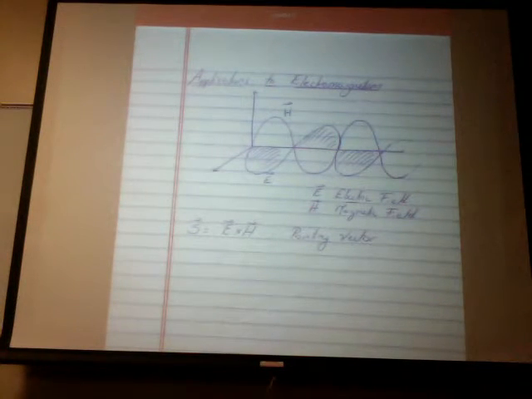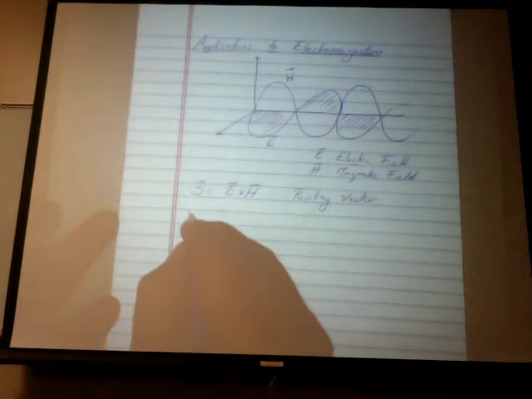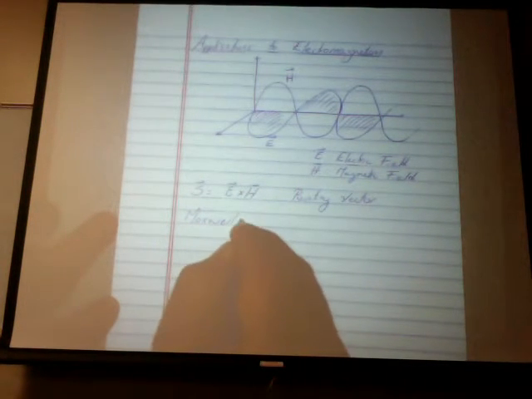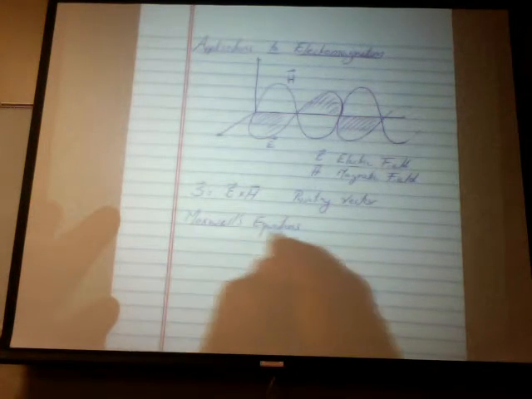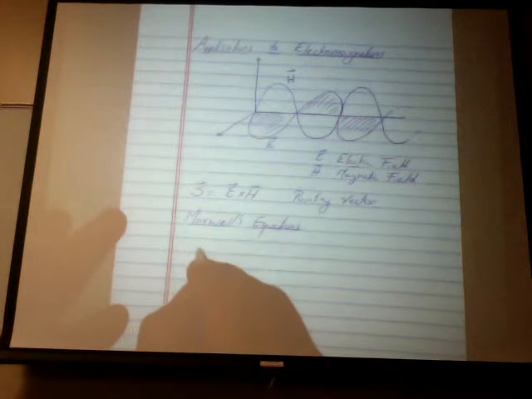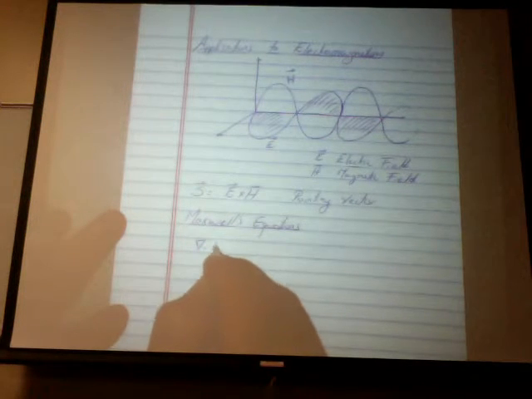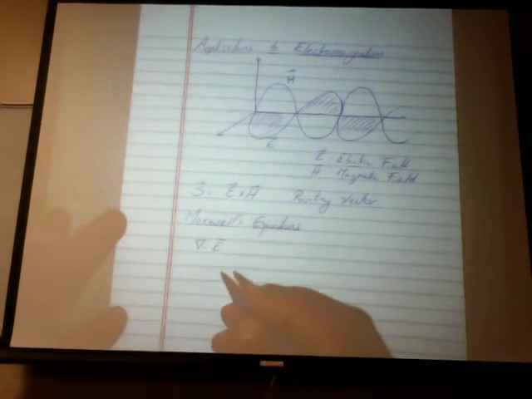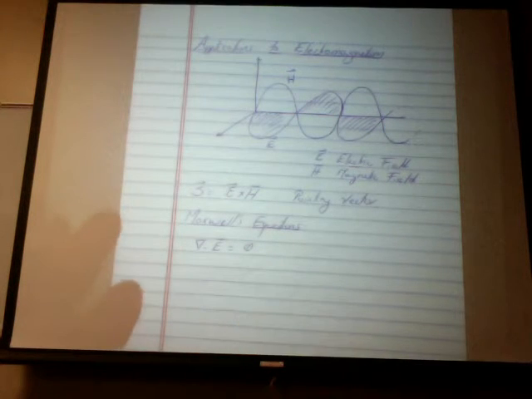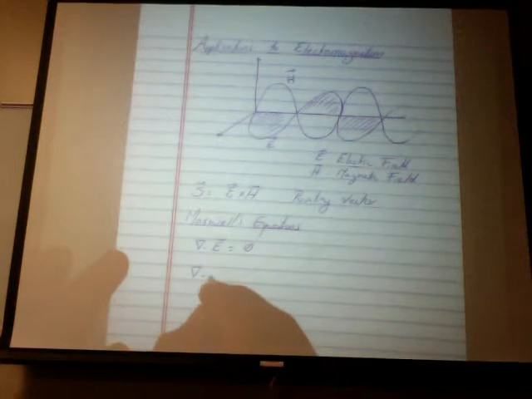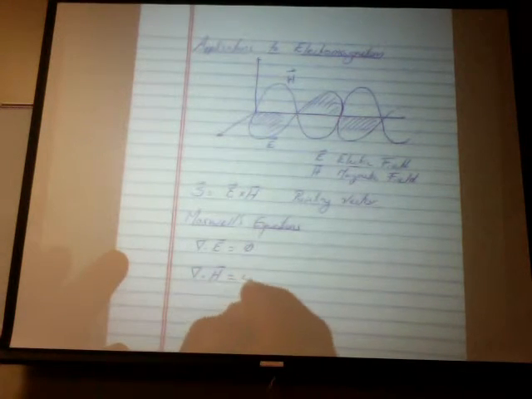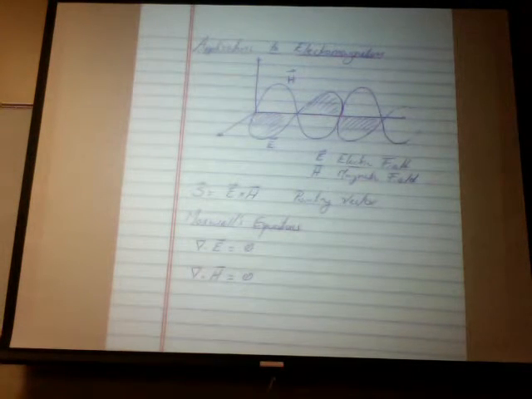And then we start with Maxwell's equations. Maxwell's equations state that the electric field under some conditions is solenoidal. That means its divergence is equal to 0. It also states that the magnetic field is solenoidal under some conditions.